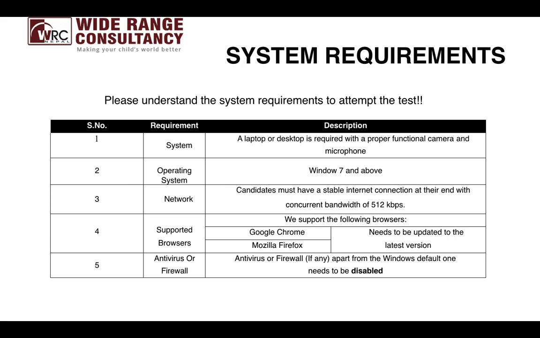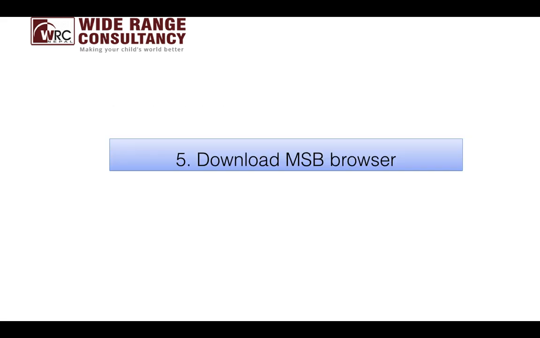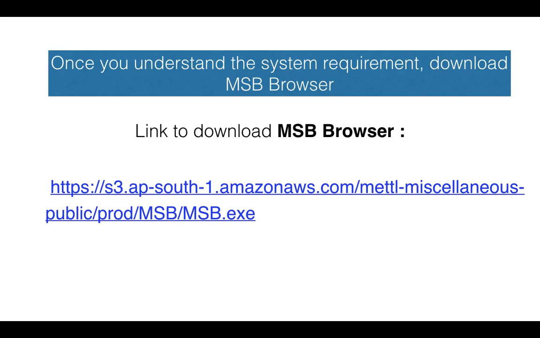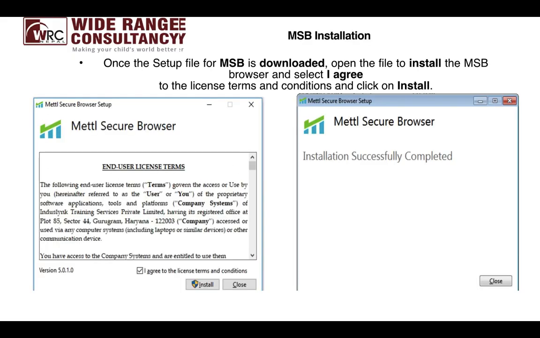Now, once you've understood all the system requirements, we can go and download the MSP browser. For the MSP browser, you'll be given a link. The link is given over here. You can have a look at it. Click on the link and you'll be directed to the download browser for Metal Secure Browser.